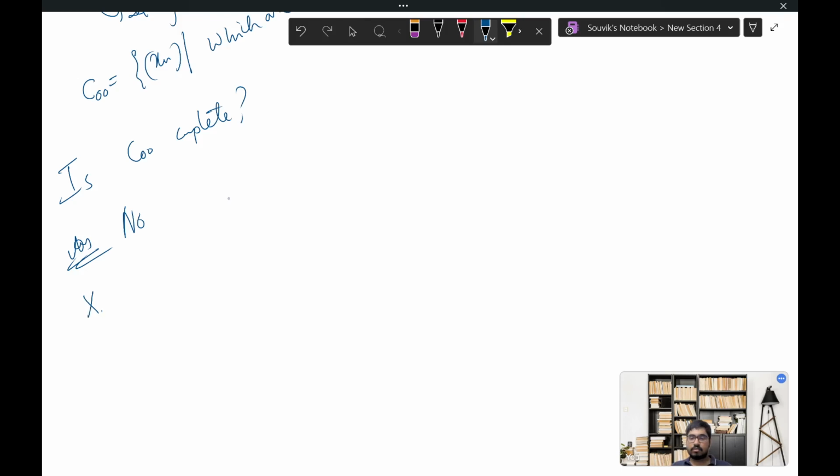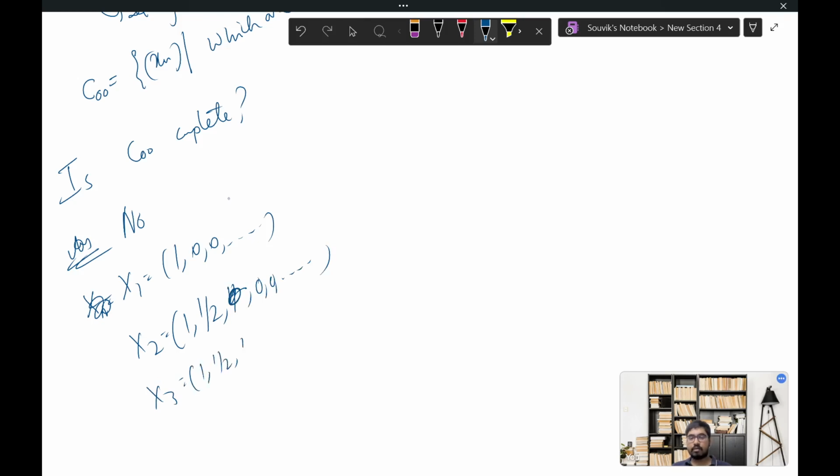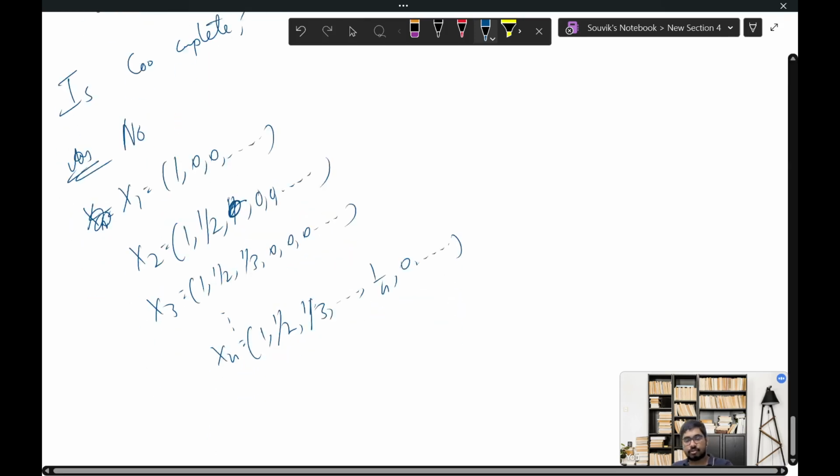So take a sequence xn. Take x1 to be 1, 0, 0, 0. X2 to be 1, half, 0, 0, 0, 0. X3 to be 1, half, 1 third, 0, 0, 0, 0, dot dot dot. And xn to be 1, half, 1 third, up to 1 by n, 0, 0, 0, 0.